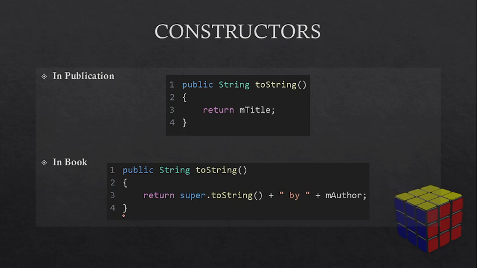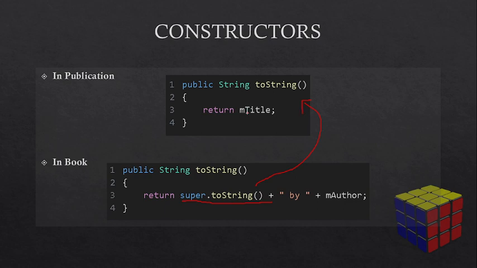Sa magazine, pwede taka-state nga to string nga method, and then in this case, mara kita super to string, so again, although being override ang to string, so we can still refer to the overridden method stated in your superclass.